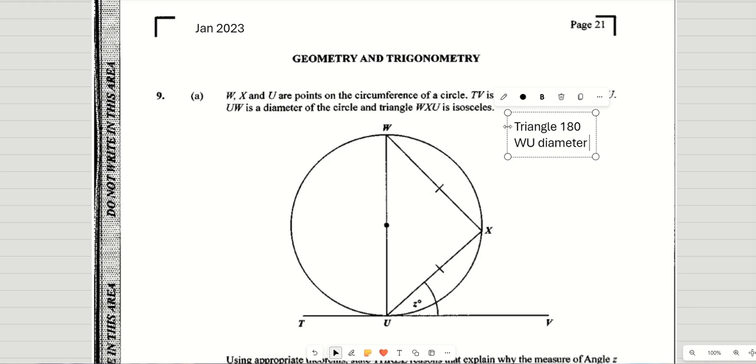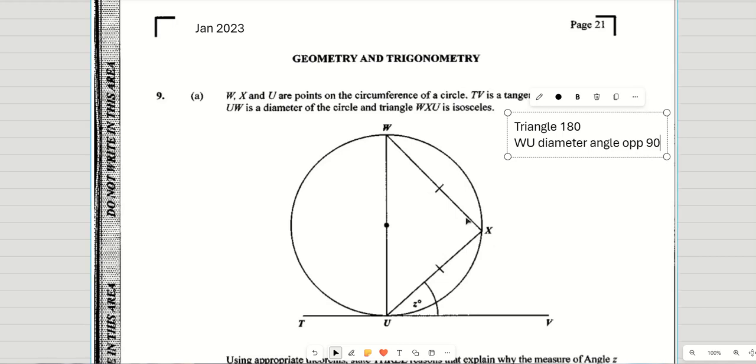So the diameter, the angle opposite the diameter in that triangle is equal to 90 degrees.